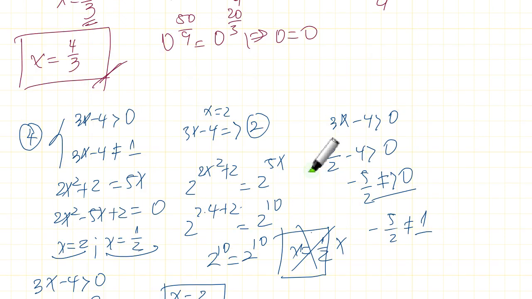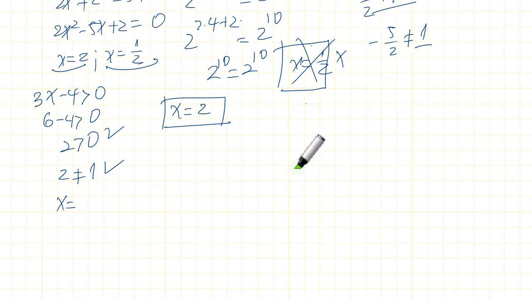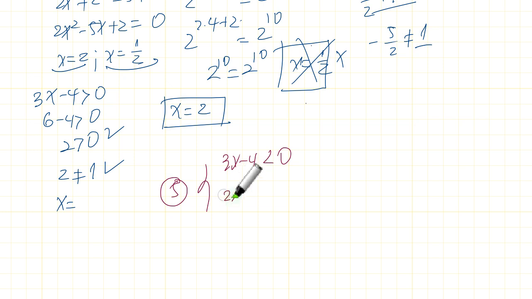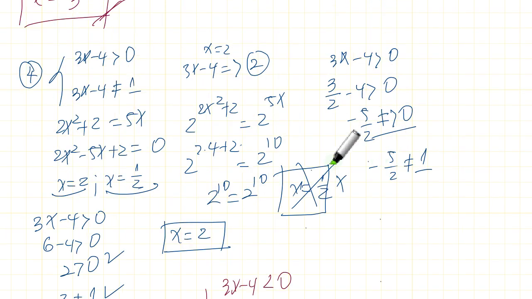So for the fifth case here, we can conclude from the fifth one, which is 3x minus 4 less than 0, and 2x, sorry, and we could do something better here as well.